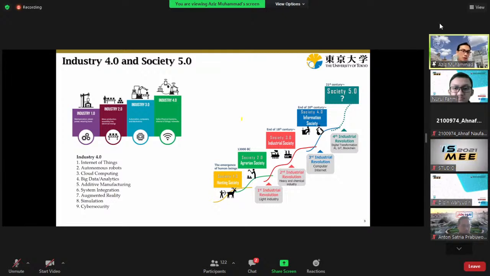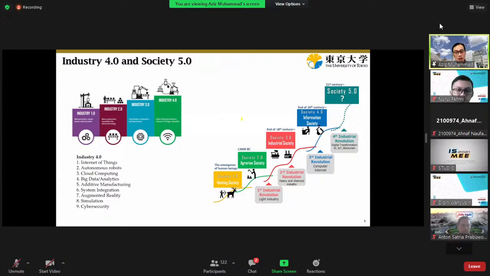As the introduction to my talk, all of us are quite familiar with these 2 buzzwords: Industry 4.0 and Society 5.0. Industry 4.0 comes from Germany, and Society 5.0 was initiated by the Japanese.